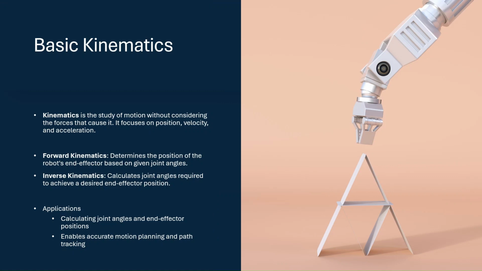Forward kinematics determines the position of the robot's end effector based on given joint angles. Inverse kinematics calculates joint angles required to achieve the desired end effector position. An end effector is just a fancy word for a foot or an arm. It's basically anything a robot can touch or move to touch things.